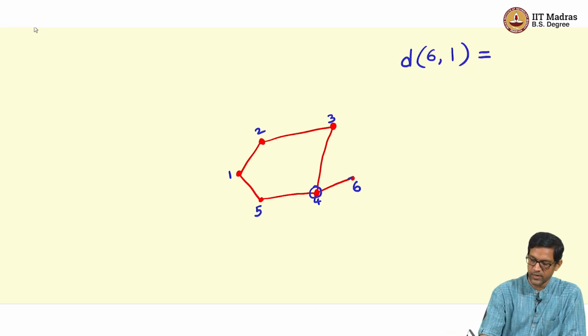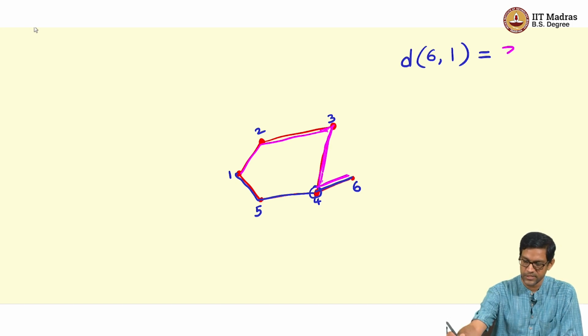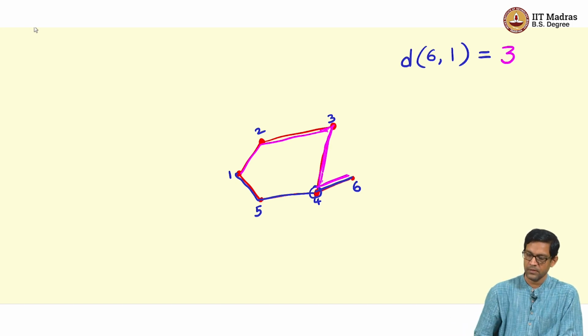I look at all possible walks and try to find the minimum length among them. Here is one, this has length 3. Now, I could also try the other one, where I go to 4, up to 3, to 2, to 1. So, this is 1, 2, 3, 4 in this case. So, the pink path actually has greater length, length 4. So the distance is 3 here, not 4.